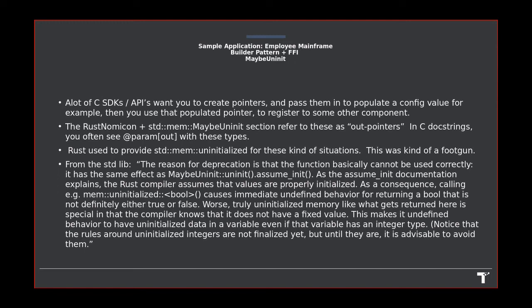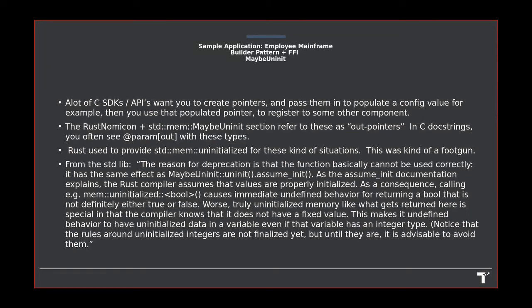You pass in an uninitialized pointer and they will populate it for you with default values, or you can pass in a populated pointer and they'll do the same, just send it back to you. In the Rustonomicon, in the section on FFI, they're referred to as out pointers. In C doc strings, you'll often see it as @param[out], and you'll see [in] as well, signifying that you're sending it in and it's populating the pointer and sending it out, basically.